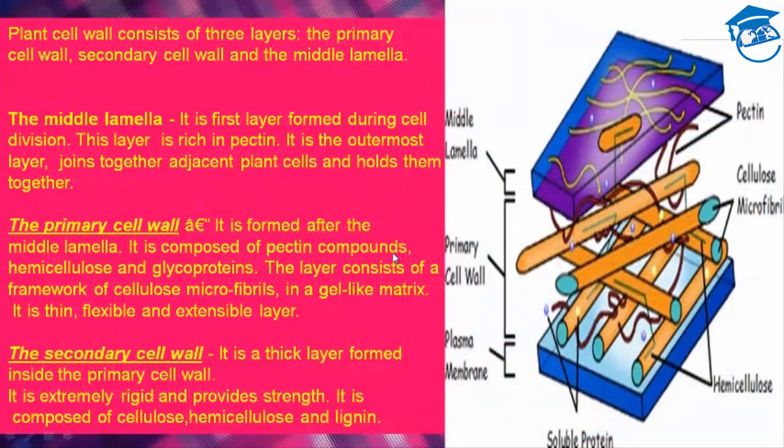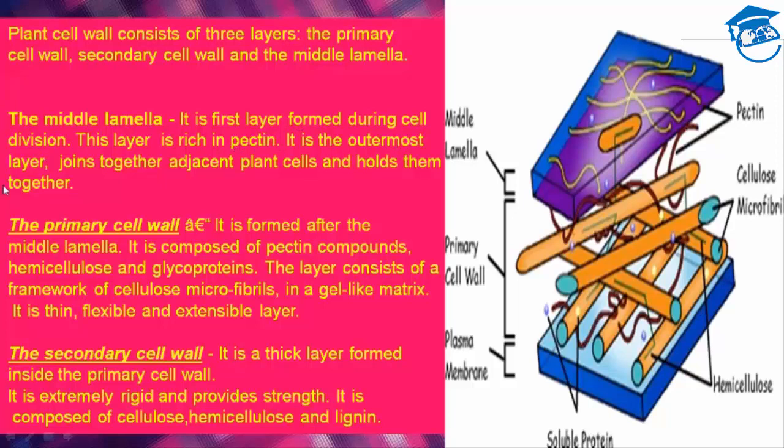So the plant cell wall consists of three layers: the primary cell wall, the secondary cell wall, and the middle lamella. See, this is the middle lamella, this is the primary cell wall, this is the plasma membrane. The middle lamella is the first layer formed during cell division. This layer is rich in pectin.